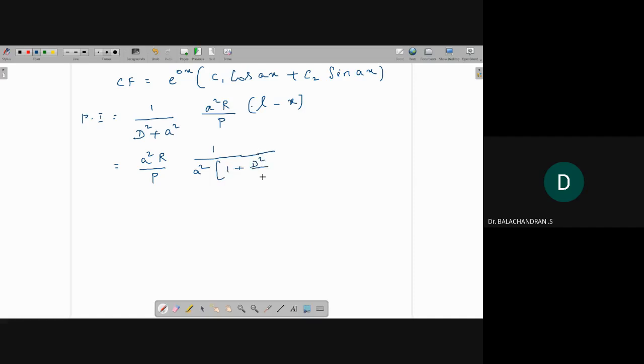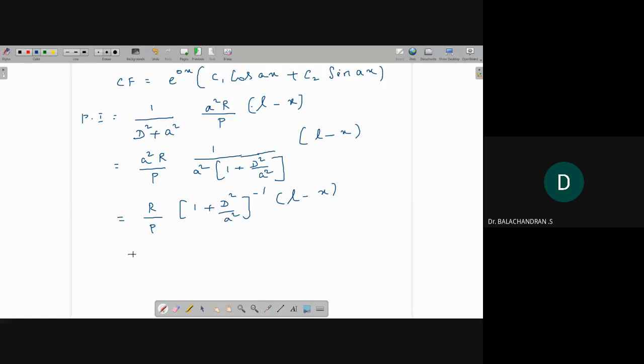D square by a square into L minus x. So a square gets cancelled, and you get R by P into 1 plus D square by a square whole power minus 1 into L minus x.